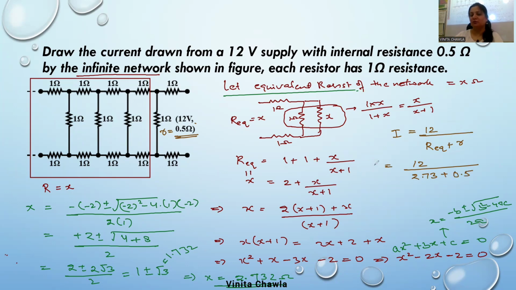Now you can solve for I. 1 plus, right? You have to add that 1 also. Yes, tell me, what is the answer? 12 upon 3.23 ampere, and this is equal to 3.72 ampere.